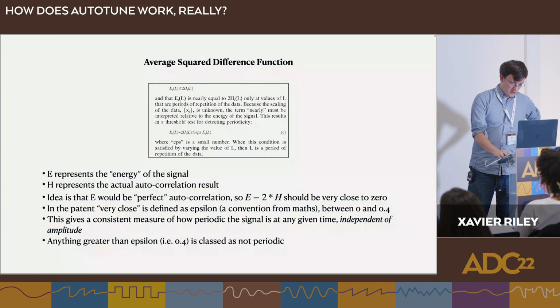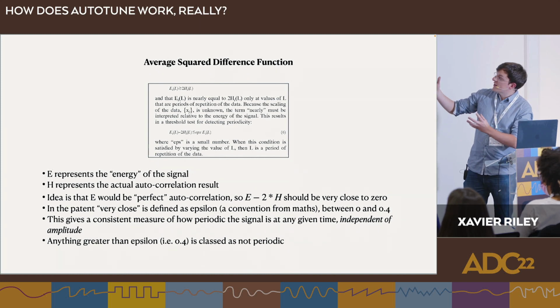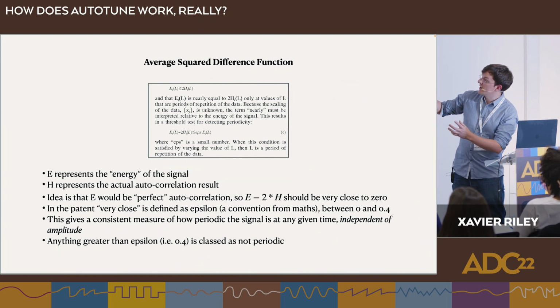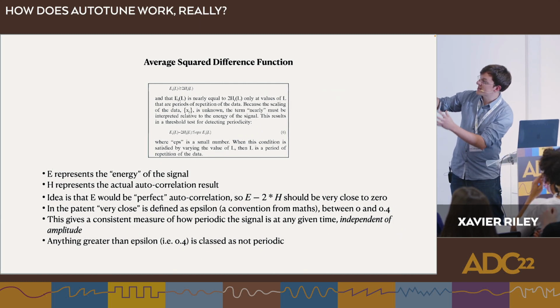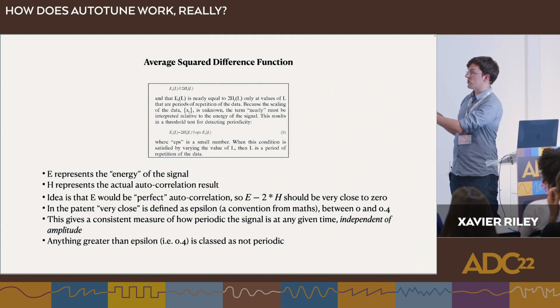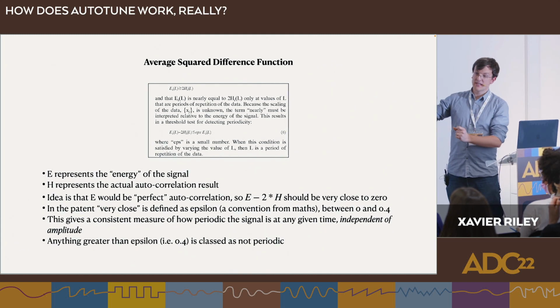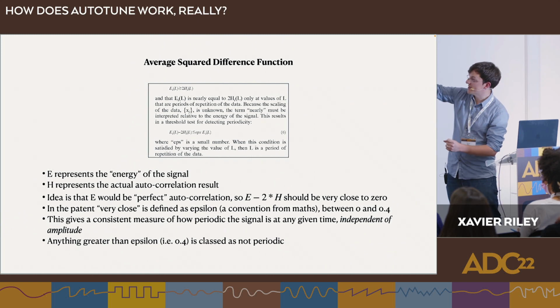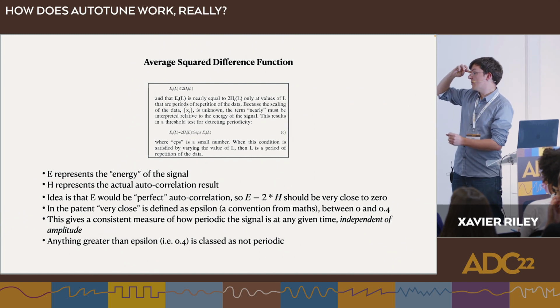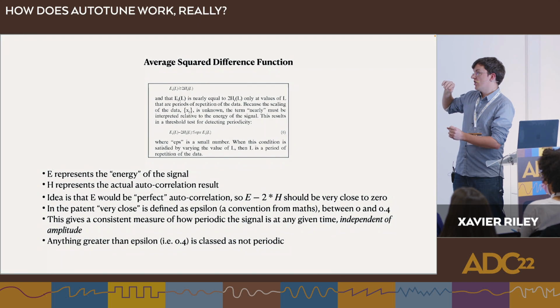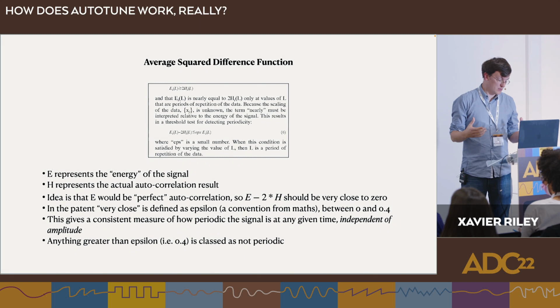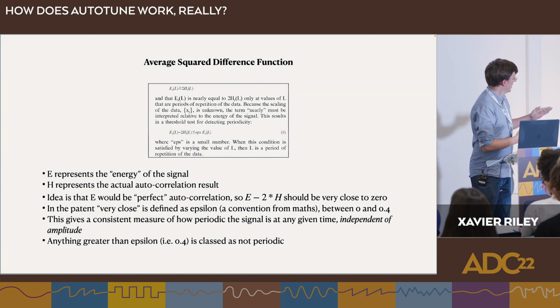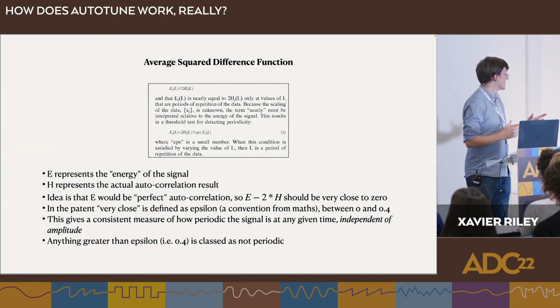And so the formula that you use for the average squared difference function is to say that the perfect version minus twice the actual autocorrelation should be less than a very small number, which is represented as epsilon there. And so what this gives you in pitch tracking terms is a way to measure how periodic a signal is independent of the amplitude of the signal at that time.